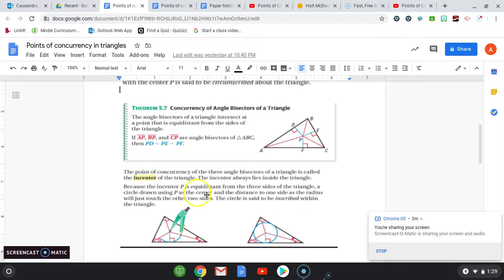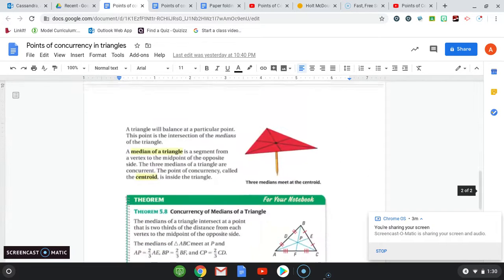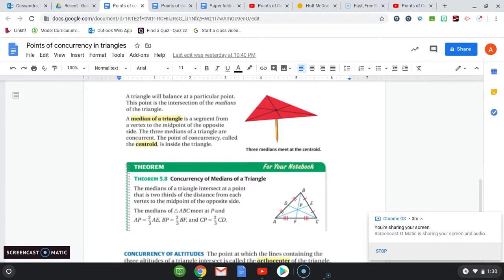So that's why they call it an incenter, because you could put a circle inside of it. They call this a circumcenter because circum means around, and you could put a circle around the triangle with the circumcenter as the center, and then every radius from the circumcenter to the vertex would be the radius of the circle.